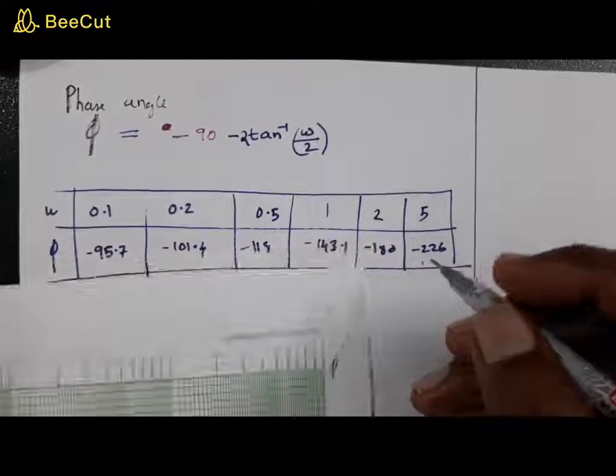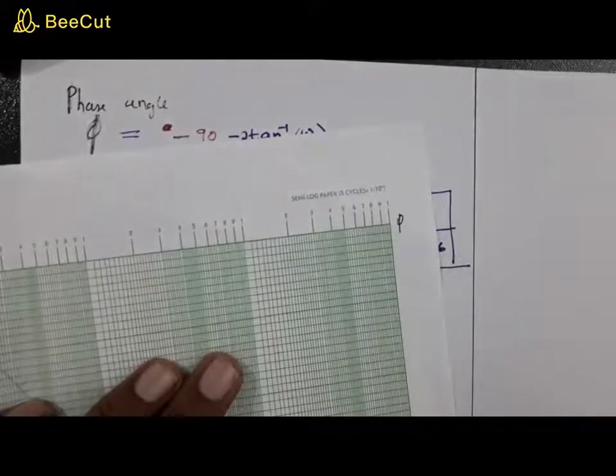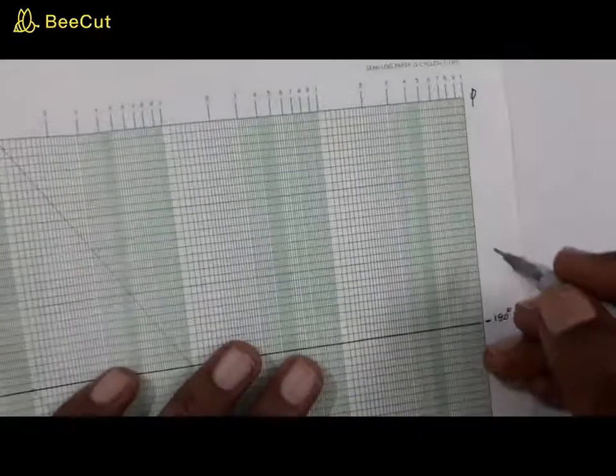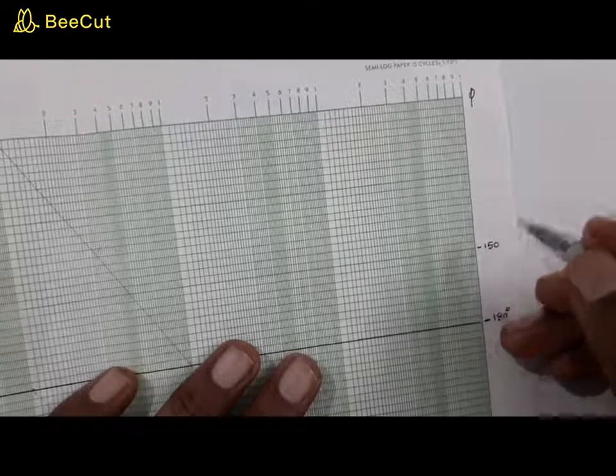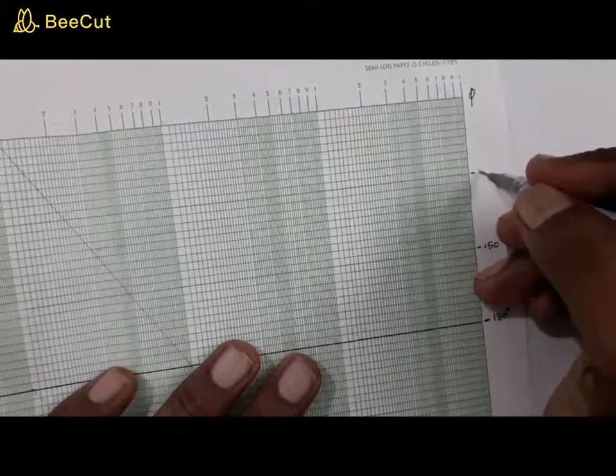Mark this as minus 180 degrees. You must draw it in such a way that minus 180 degrees is in line with the 0 dB. So this division is going to be minus 150, this is minus 130, right?